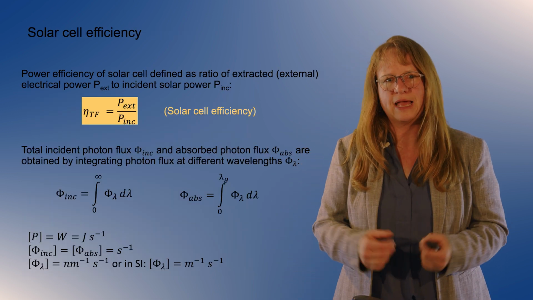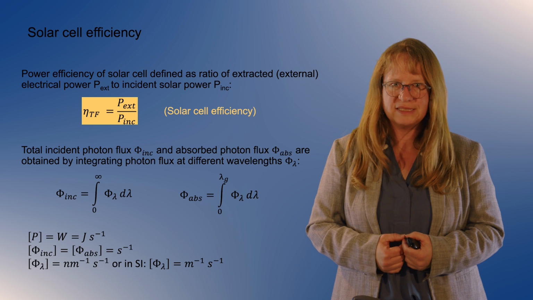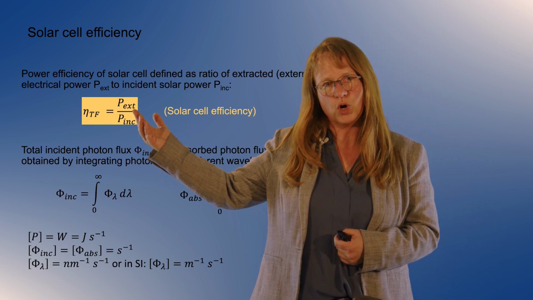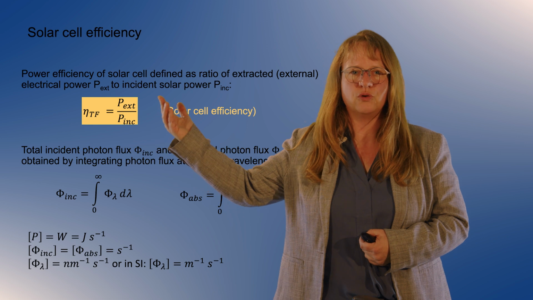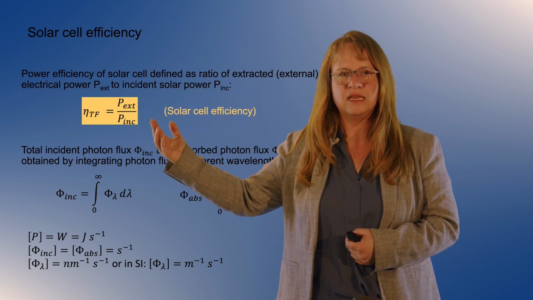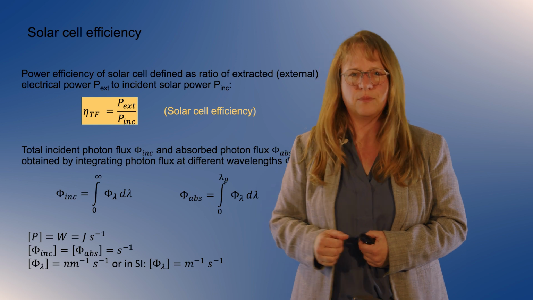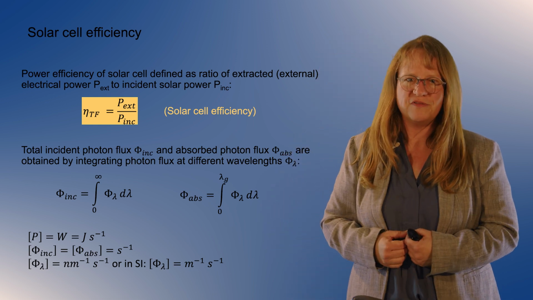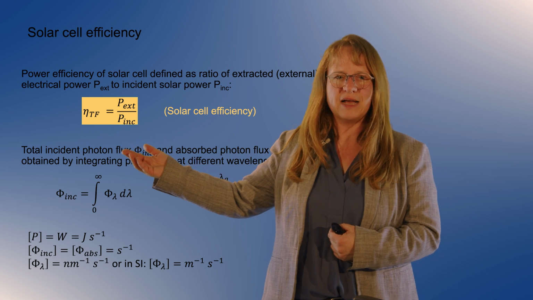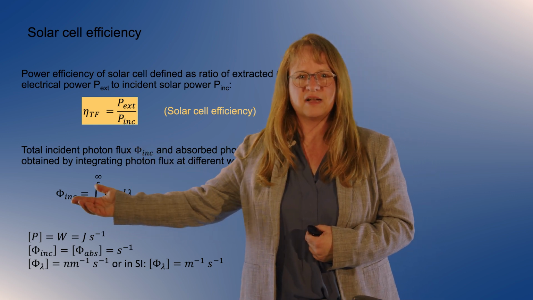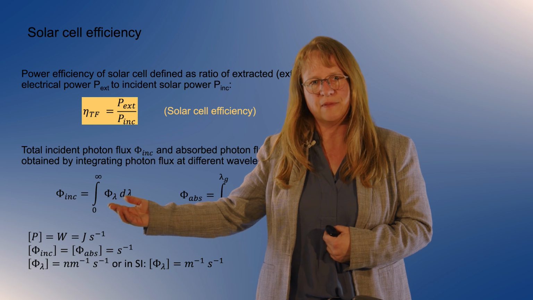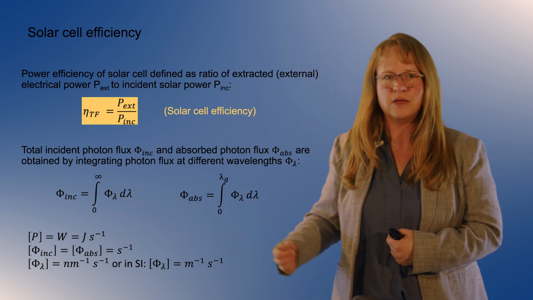And now if you want to calculate the solar cell efficiency, we start with this power conversion efficiency here. So we have to look at what is the external power that we can obtain divided by the incident power. I showed you in a previous video that we can also calculate the photon flux, the incident photon flux, phi incident, by integrating over the photon flux per wavelength interval.